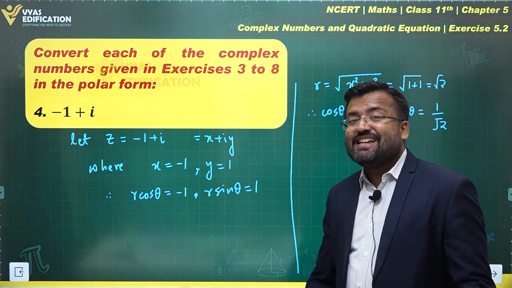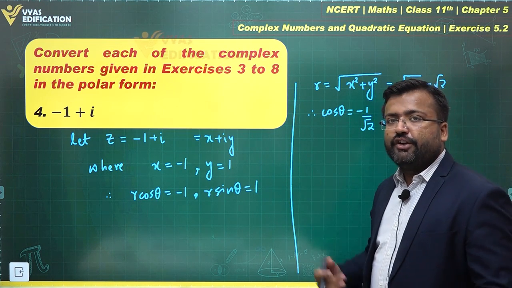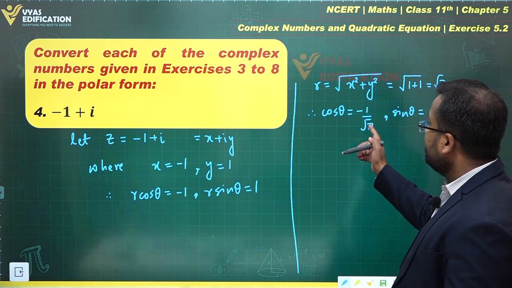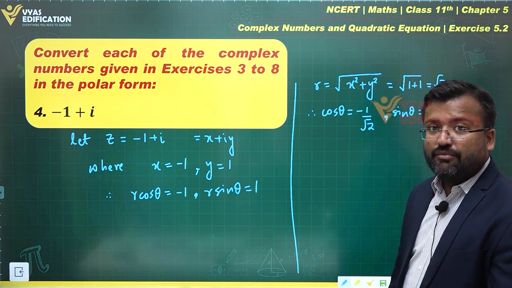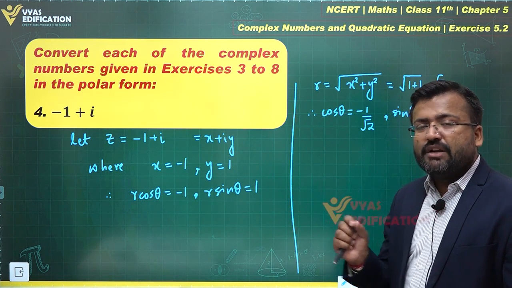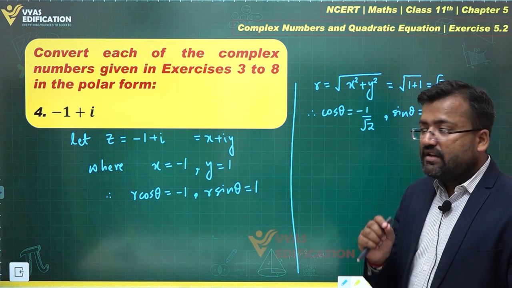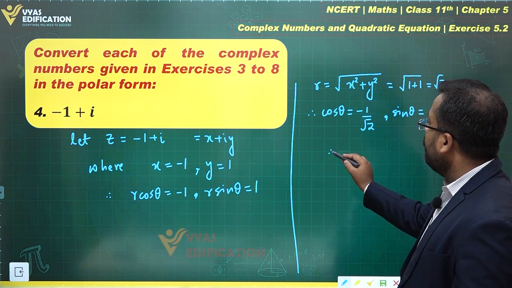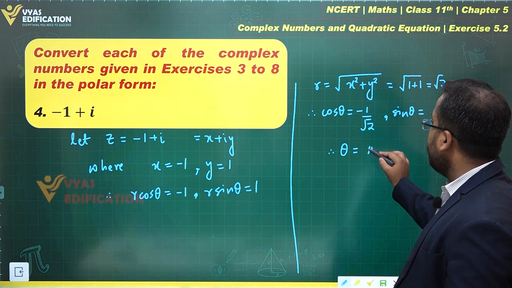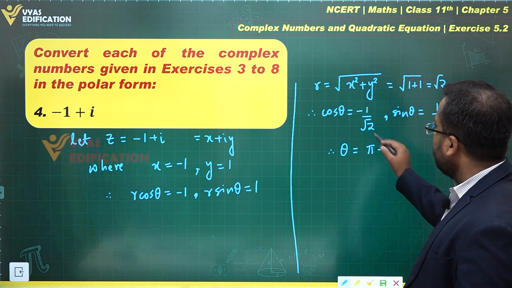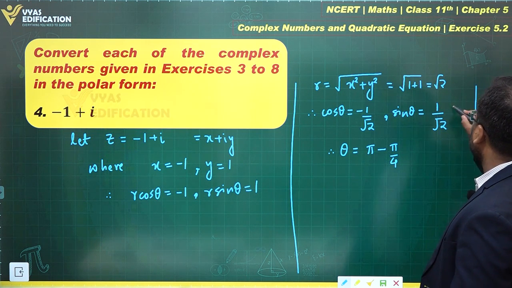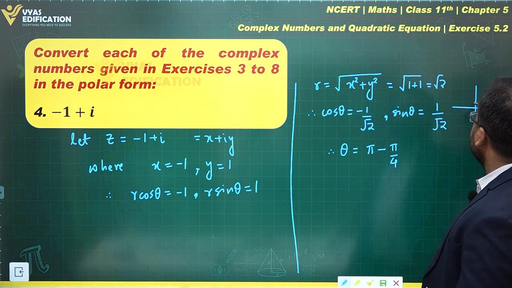implying that theta lies in which quadrant? Can you identify the quadrant over here? Cos theta is negative, sin theta is positive. This implies that the point P actually lies in the second quadrant, and therefore theta becomes equal to pi minus alpha. And what is alpha? Alpha, as you can clearly observe, would be pi by 4 by simply drawing the diagram.